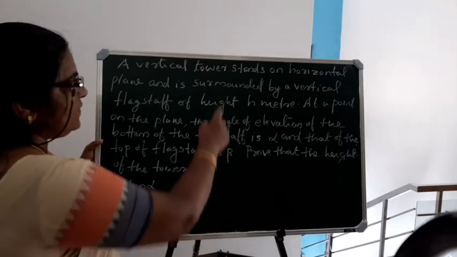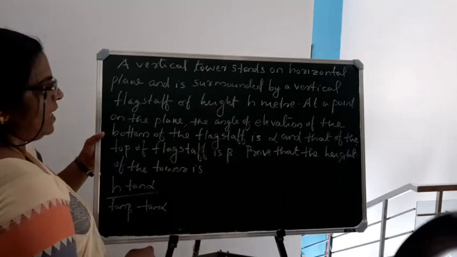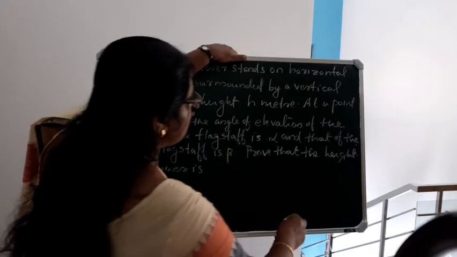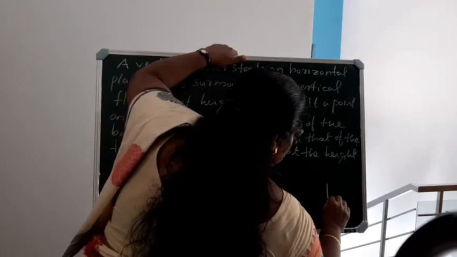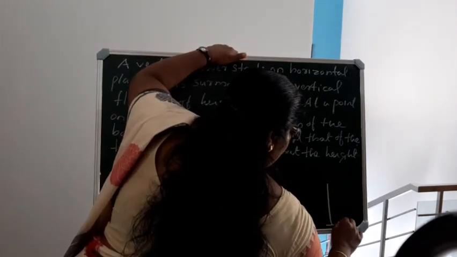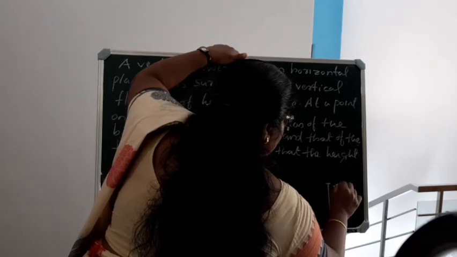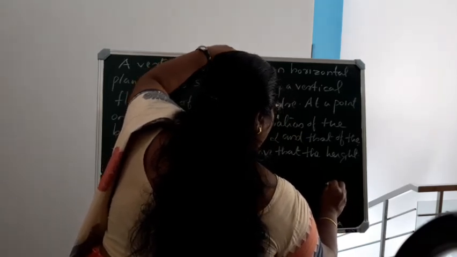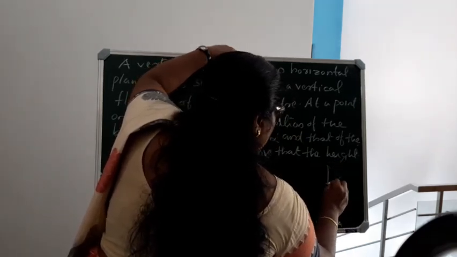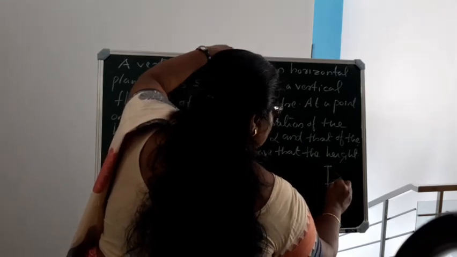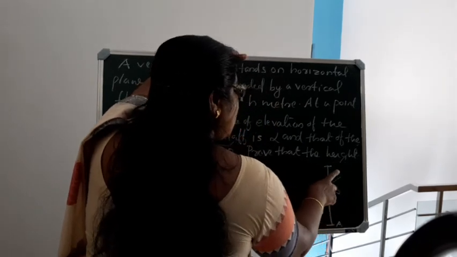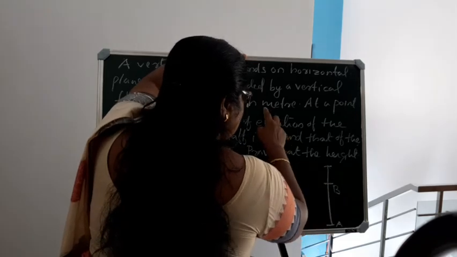Here a vertical tower stands on a horizontal plane and is surmounted by a vertical flagstaff. Let AB be a vertical tower, and it is surmounted by a flagstaff. Its height is h meter. That is given here.